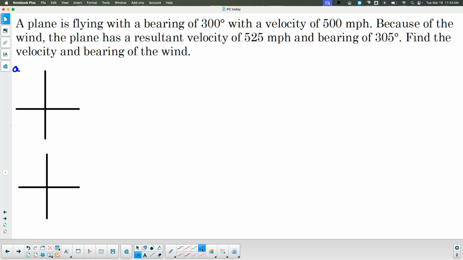So my A vector, 300, would be here, which would be a trig angle then of 150.